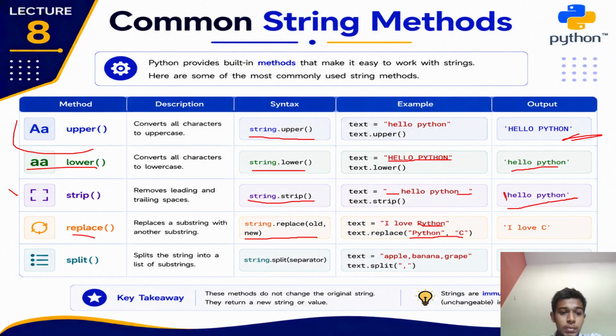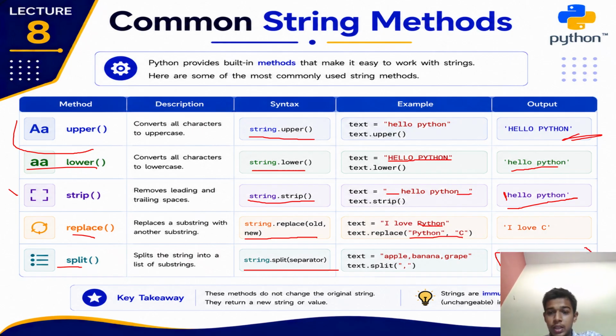Finally, we have the split method. This method divides a string into multiple parts and returns them as a list. Here is the syntax. For example, apple, banana, grape. Text dot split and comma is used. I think you are not seeing the output because of the camera.